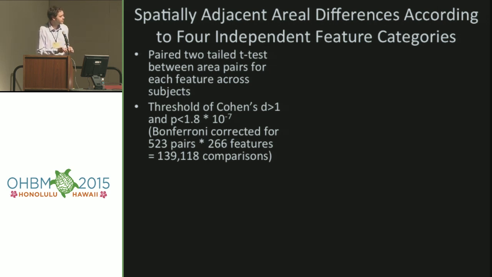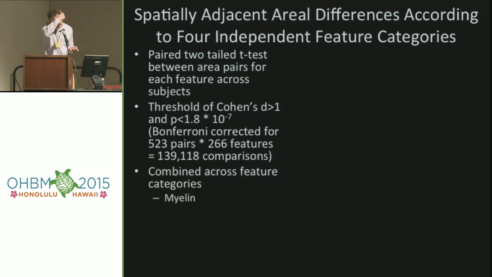And then we'll also use a p-value with Bonferroni correction for this number of comparisons for a two-tailed test. And we're going to combine across feature categories. So we've got our myelin information, our thickness information, our resting state information, and our task fMRI information. So all of these modalities should be independent.